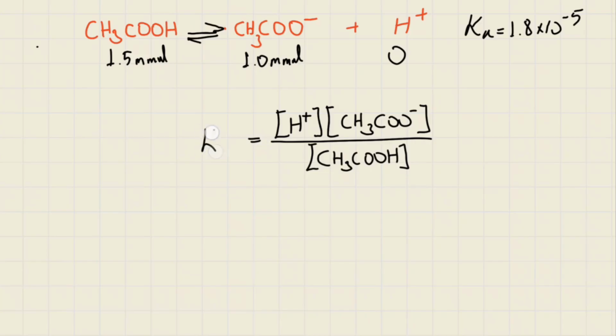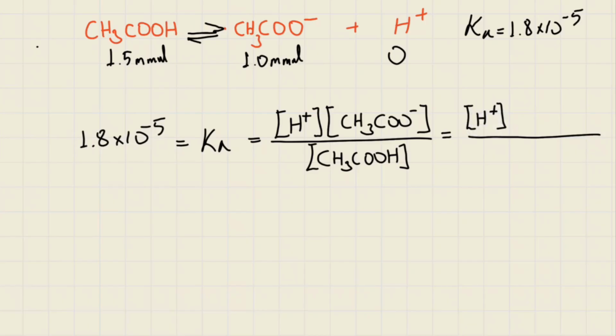And this equals Ka, which is 1.8 times 10 to the minus 5. So I don't know the hydrogen plus concentration, but I know the others: 1.0 millimole over the total volume, which is 35 milliliters, and 1.5 millimoles over 35 milliliters.